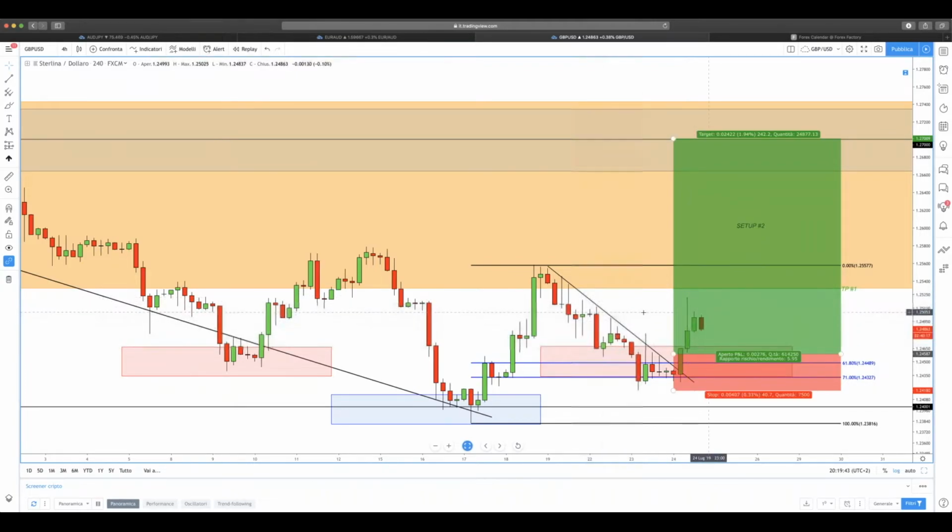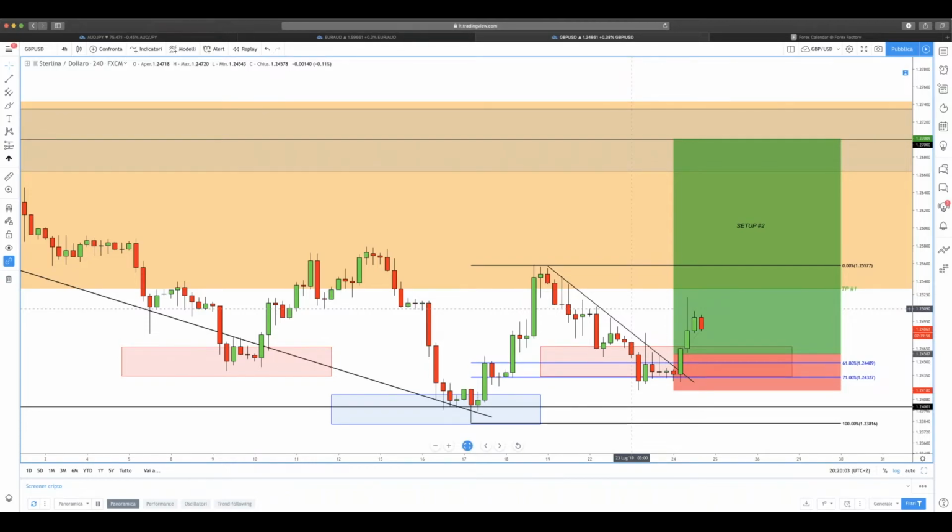In our Slack community, we have already closed part of this trade, taken out part of the profit and moved the stop loss to break even, because obviously on the GBP in the next days, we have strong news on the macroeconomic side with the new prime minister.